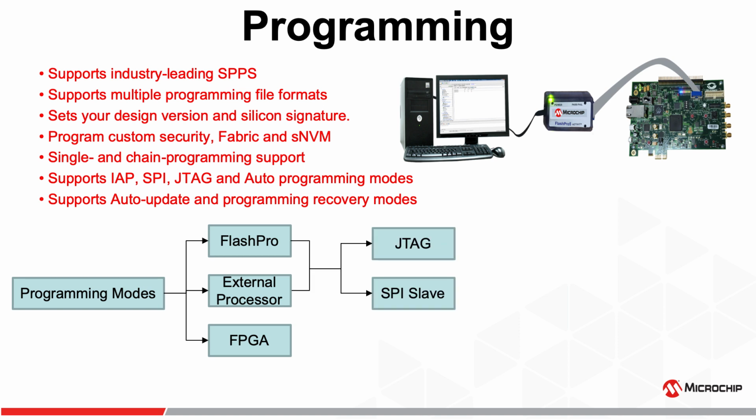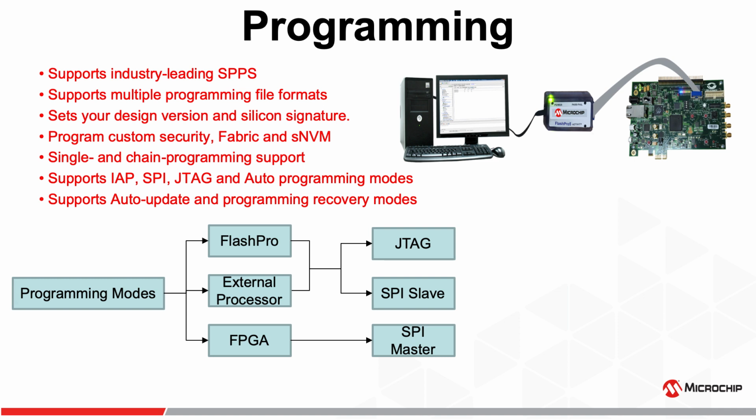Using FlashPro and the external processor, both modes support JTAG and SPI programming. And as I said, inside the FPGA you have a system controller that acts as an SPI master.